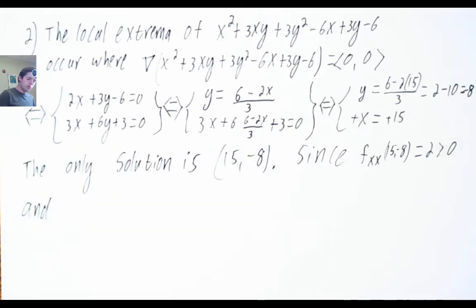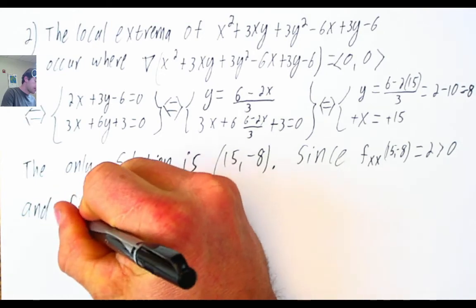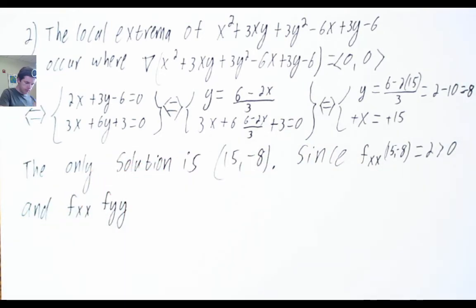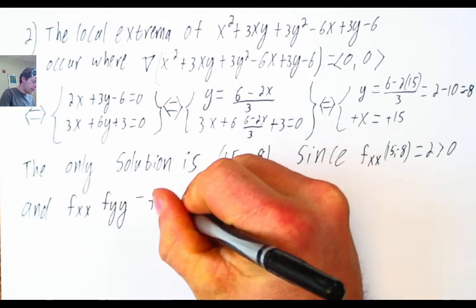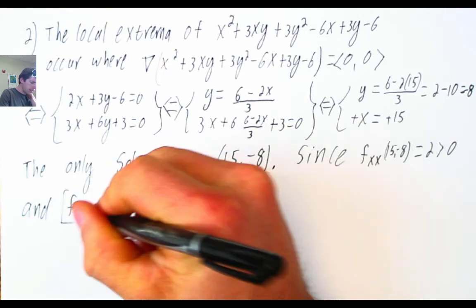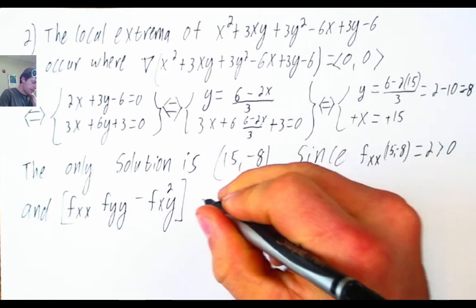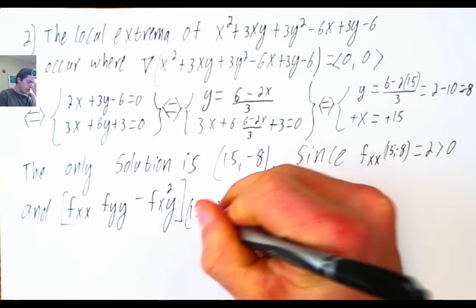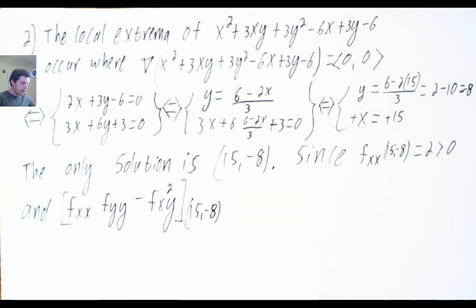And the discriminant here is fxx times fyy minus fxy squared, evaluated at 15, negative 8, and I just realized something.